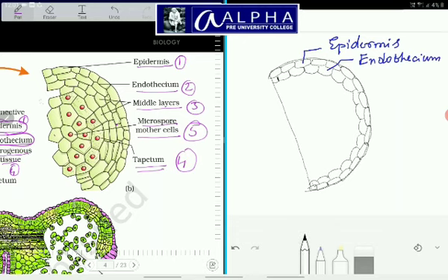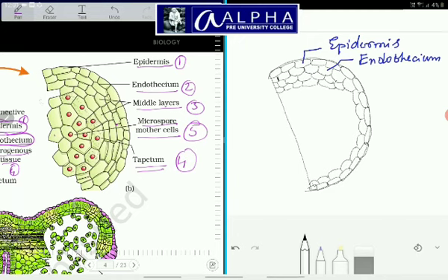Now I shall take up drawing the middle layers. You will draw the middle layers in the very same way you drew the epidermis and endothecium. So two middle layers of cells are there. You have to draw both the layers, like this.